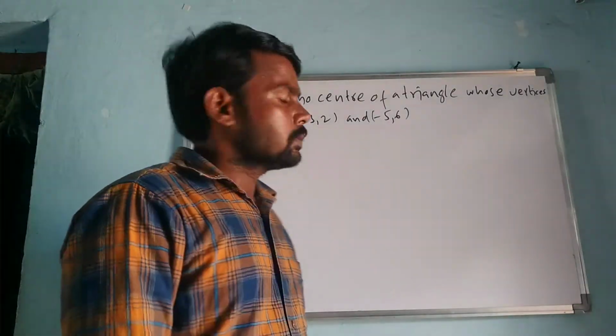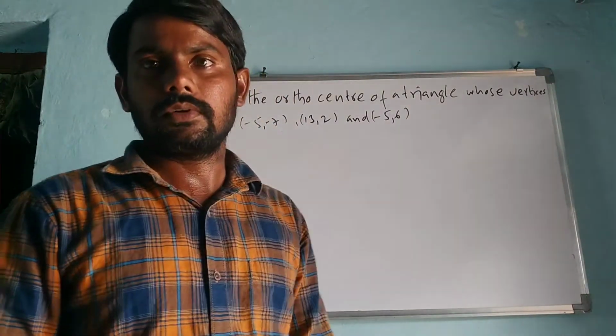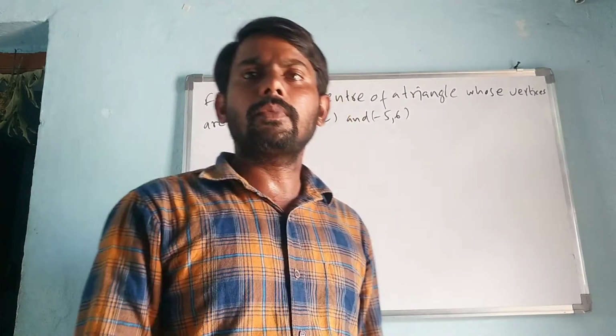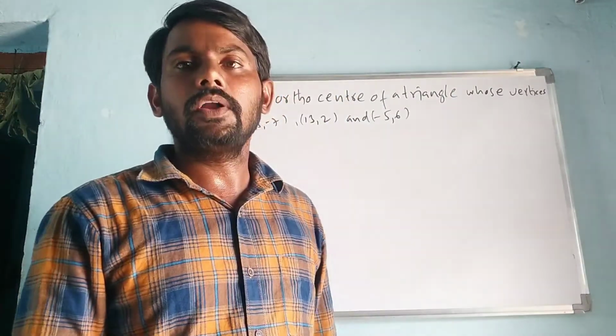To find the orthocenter of a triangle, what is the orthocenter? Orthocenter is nothing but the point of concurrence of the altitudes of a triangle.